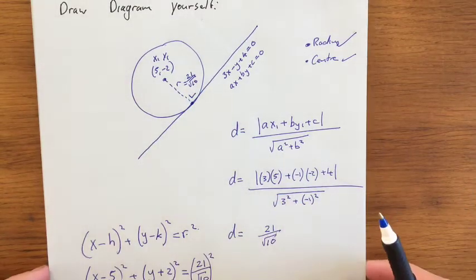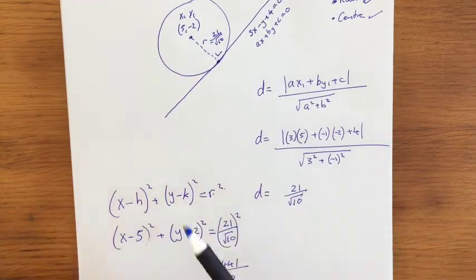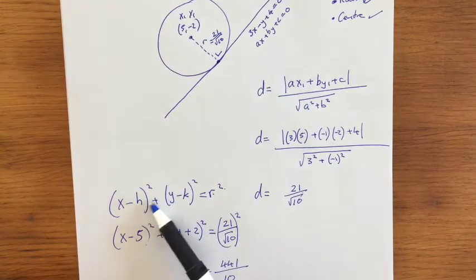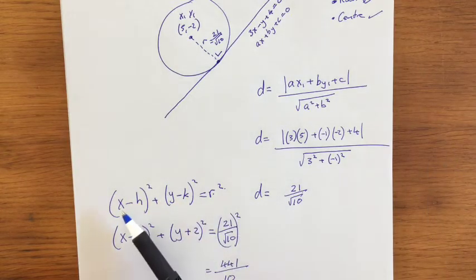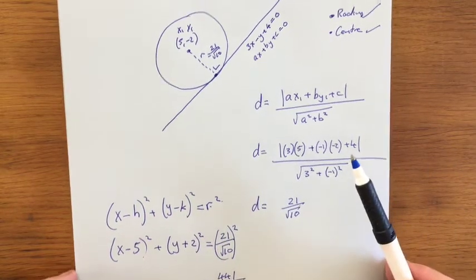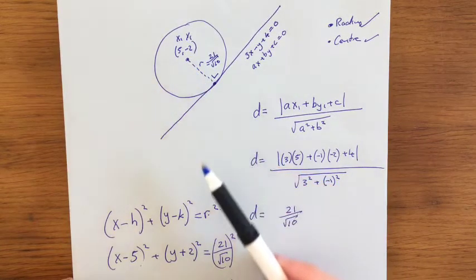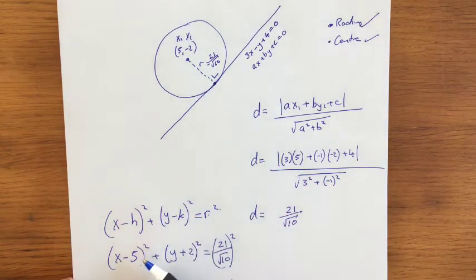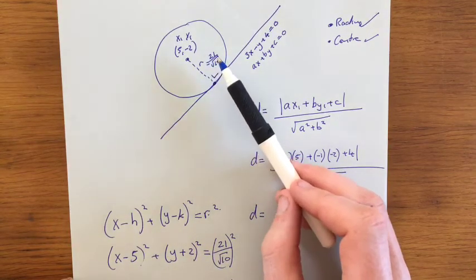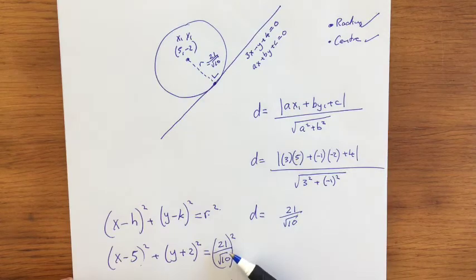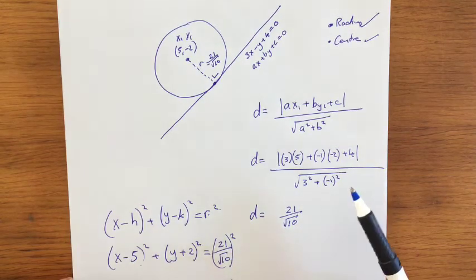So once I knew all that information, then I was able to finally fill in my equation formula. Again, remember, we are using this formula because this circle definitely has its center not on 0, 0. So I filled it in. H and K were 5 and minus 2, and then the radius was 21 all over the square root of 10. So that was the radius squared.